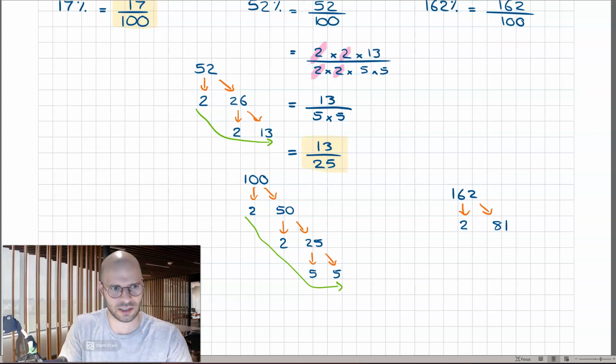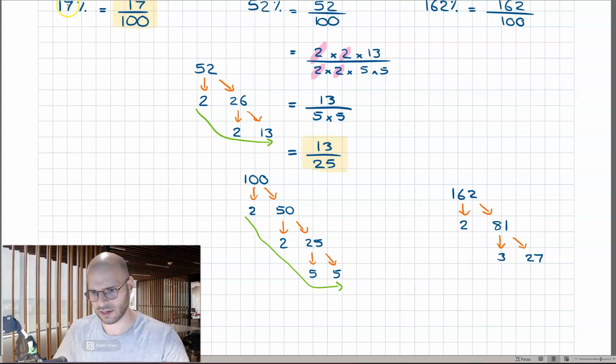Next, I'm going to try and divide 81 by 2. And I'm going to quickly realize I can't actually do that because it's an odd number. Next I ask, can I divide 81 by 3? The answer is yes I can. I'm going to get 3 and 27. Can I divide 27 by 3 again? Well, I sure can. It's going to be 3 and 9.